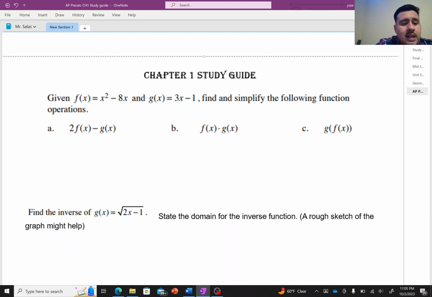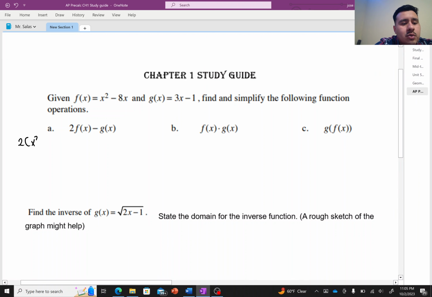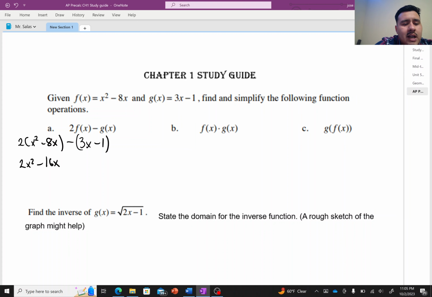If I take 2 times x squared minus 8x minus g of x, and g of x is 3x minus 1, I'm going to simplify that. That gives me 2x squared minus 16x minus 3x minus 1. 2x squared has no like terms, so it stays the same.